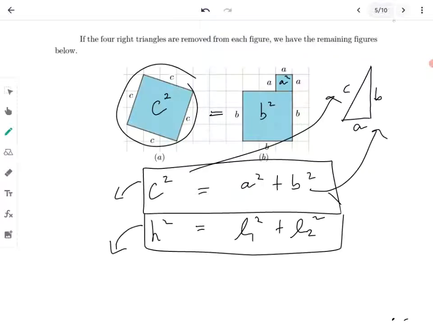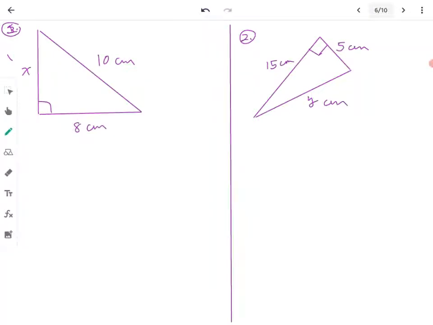So let's apply that in solving for unknowns. In this case, the hypotenuse is 10 cm. So we say the hypotenuse squared, 10 squared, equals the sum of the squares of the legs. Okay, so we have 100. We solve the equation as it is, 64.